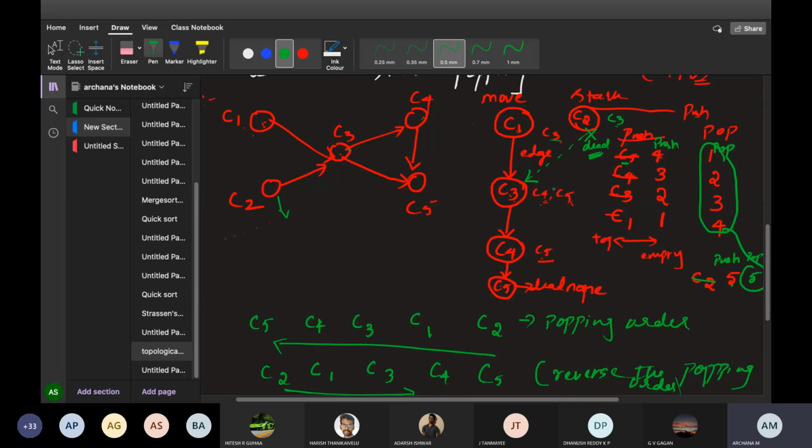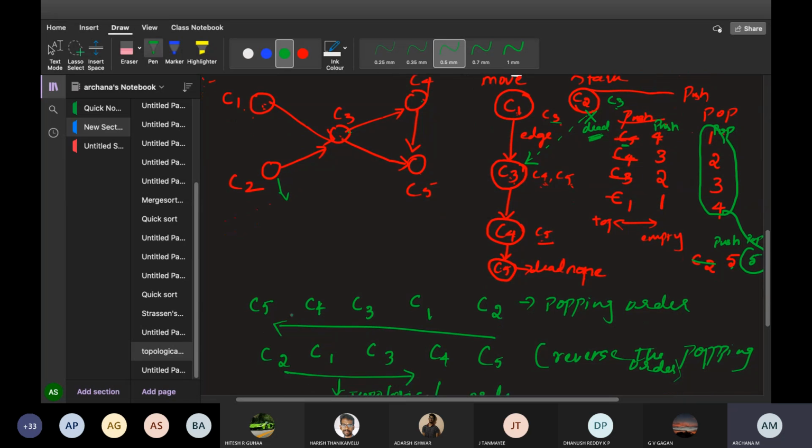This DFS repeats until all the nodes are encountered and traveled, and finally there will be one node which is a dead node. Once you encounter a dead node, pop it. And the popping number is very, very important. Whatever popping number you write, that will be the order for the very important topological sorting.